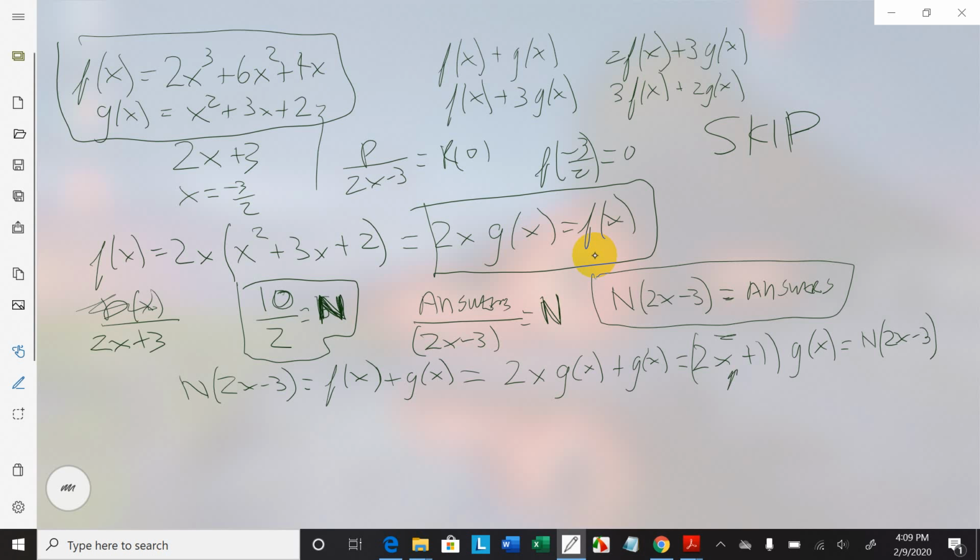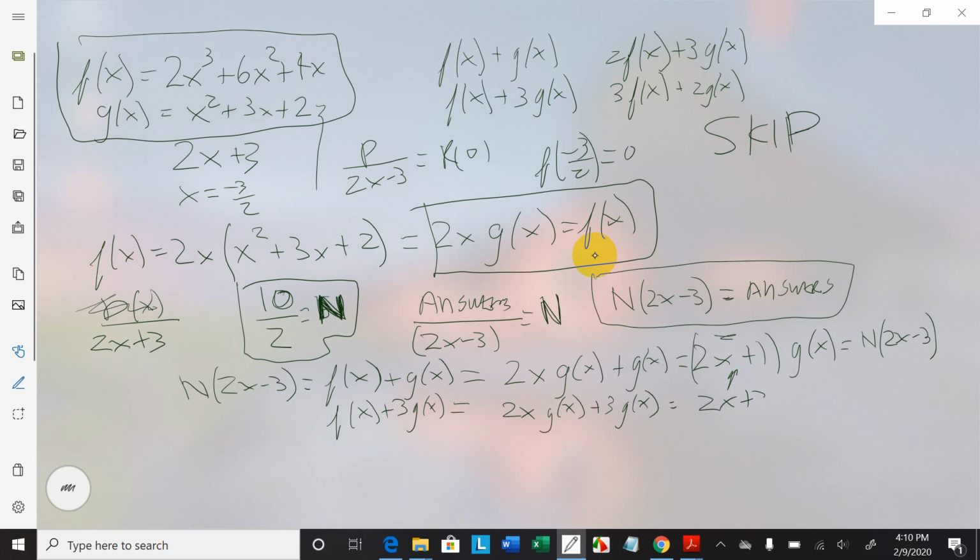So you're hoping maybe one of these does work out like this. We did the first one, so let's try the second choice: f(x) plus 3g(x). f(x) is 2x times g(x), plus 3g(x). Let's do the same factoring and take out the g(x).